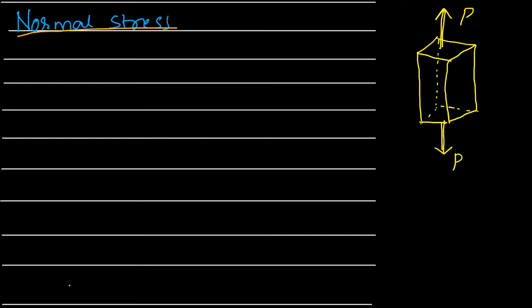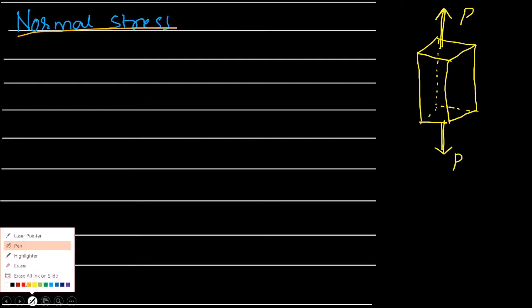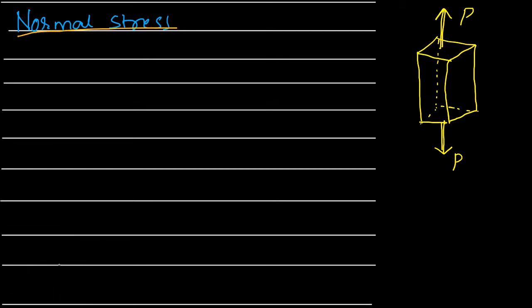As the load is tensile, its length is going to increase after application of load. Length is going to increase. So other dimensions are going to decrease. This is before application of load, and this is after application of load.